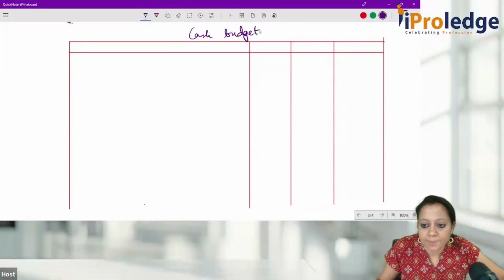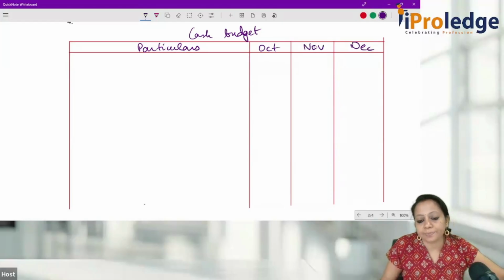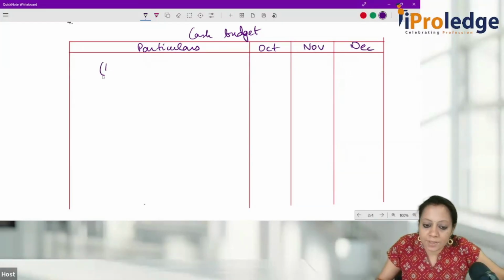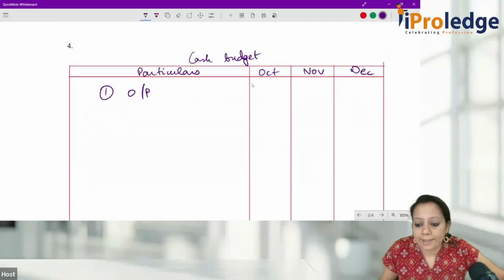Cash budget. So, particulars. October, November, and December. So first one is going to be opening balance. They have given in the last line of the question 2,70,000. So we will take that.